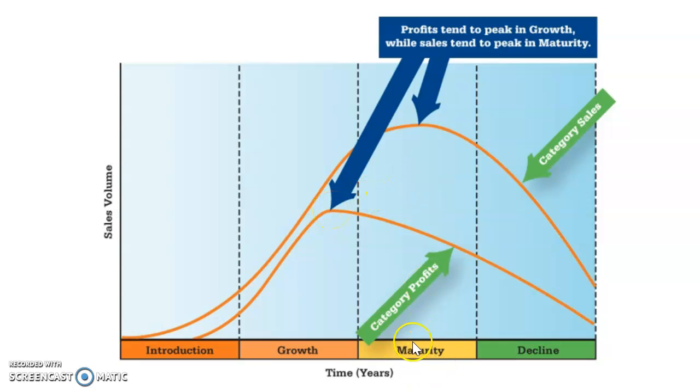Then you get into maturity, and this is where sales peak, and you can see products start declining. And then the final life cycle of a product is decline, and this is when sales and profit start declining and competitors drop out of the market.